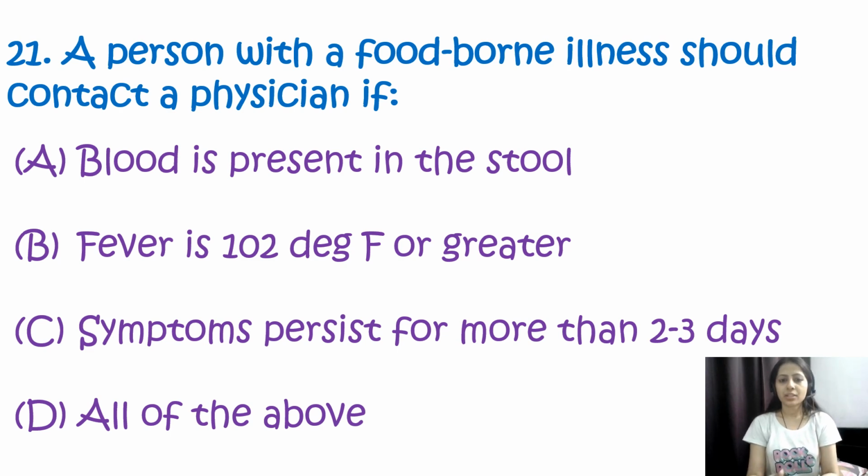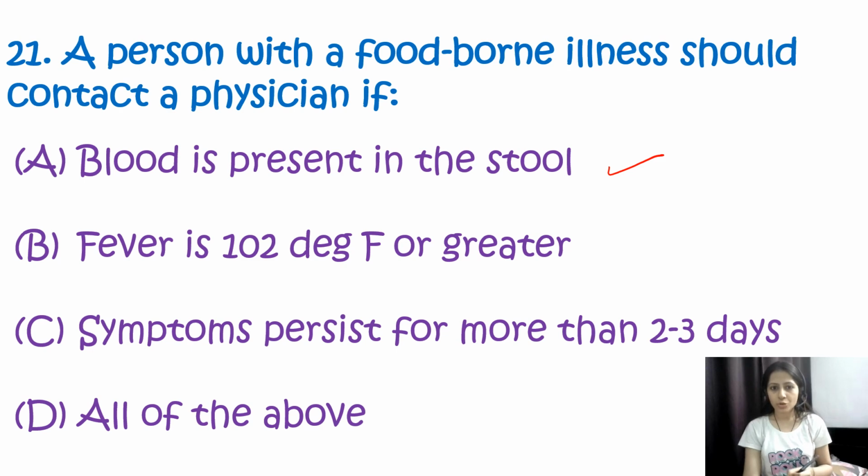A person with a foodborne illness should contact a physician if, so options are: blood is present in the stool, exactly, because the presence of blood in the stool can indicate more severe infections or complications such as invasive bacterial infections or inflammation of the gastrointestinal tract. So this is correct. Next, fever at 102°F or greater.